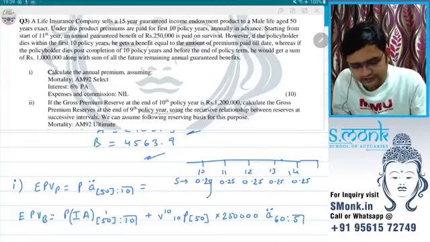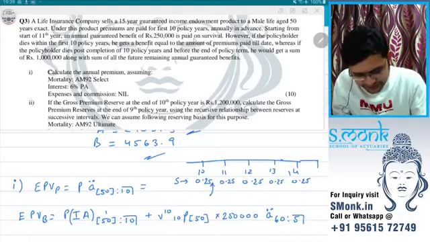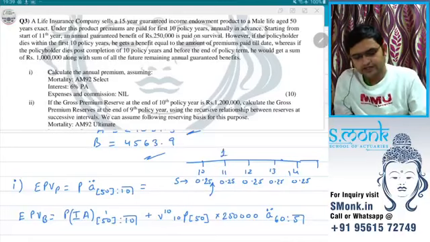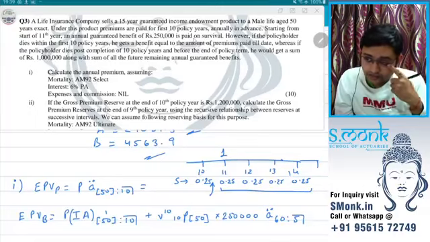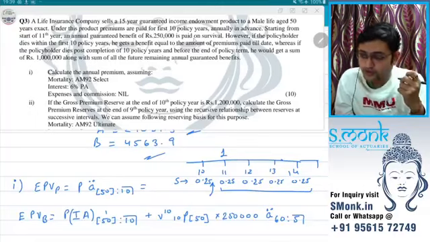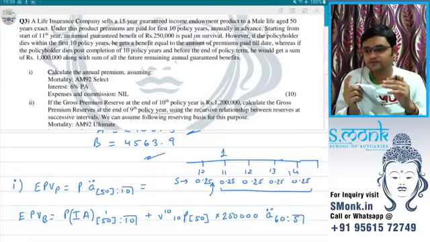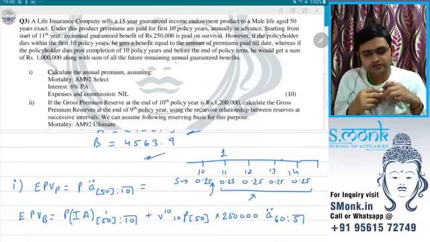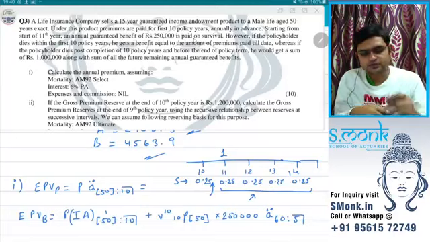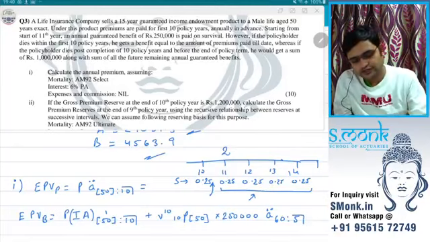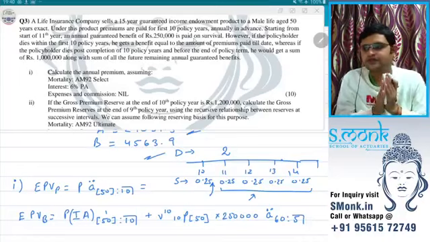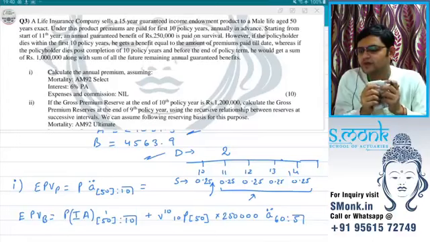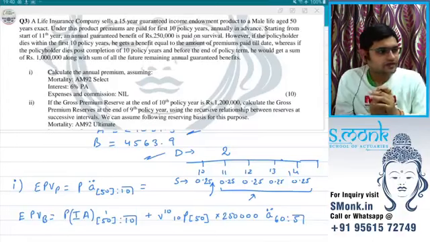If the person dies within the first year, that is between 10 and 11, 1 million is given plus all of the future remaining values. So the person is going to get 1, and this is how much? This is another 1. So the person is going to get 2 million here. So this is the death benefit. If the person dies between the 10th and 11th year, the person gets 2 million.